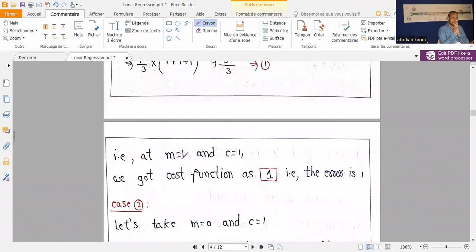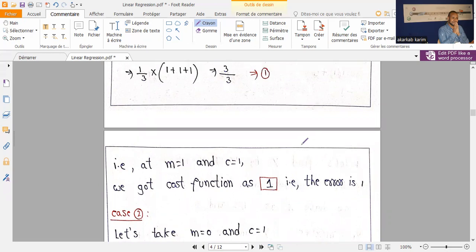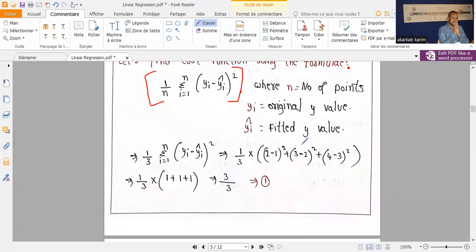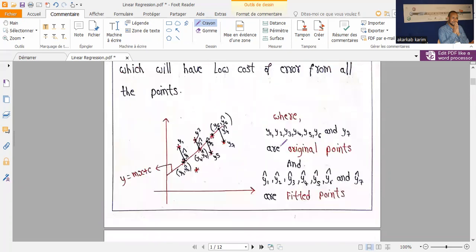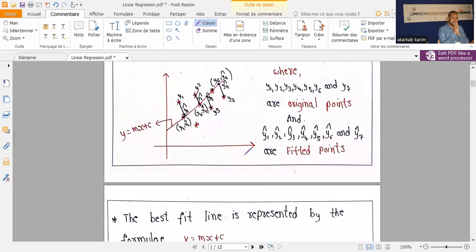Well, at m equal to 1, we give for m the value of 1 and c equal to 1. We got the cost function as 1. So the error is 1. That means this is the total error of all these predicted values.